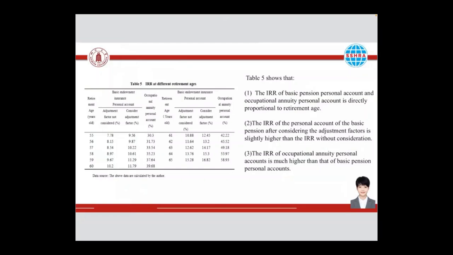Second, the IRR of the personal account of the basic patient after considering the adjustment factors is slightly higher than the IRR without consideration. Third, the IRR of occupational annuity personal accounts is much higher than that of basic patient personal accounts.